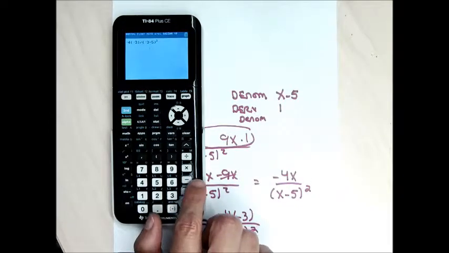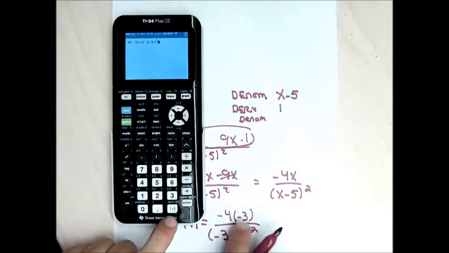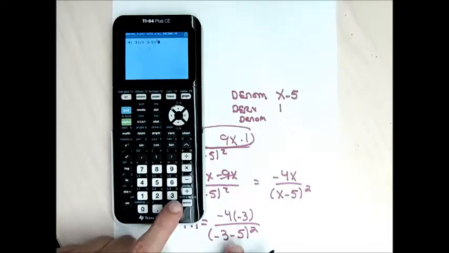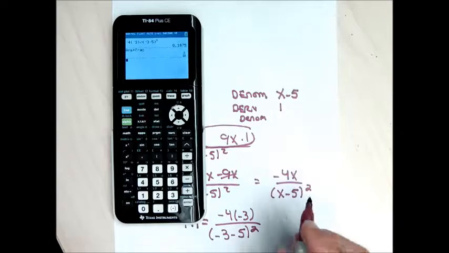When I say minus, I use the minus sign. So I did negative 4 times negative 3, both using the negative on the bottom row, and then negative 3 minus, so the minus goes there by the 5 squared, and then math, enter, enter. So I get 3 over 16 for the answer to part A.